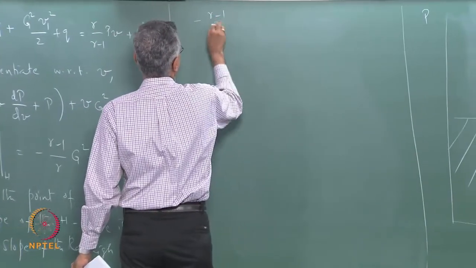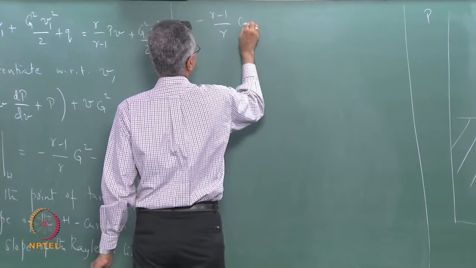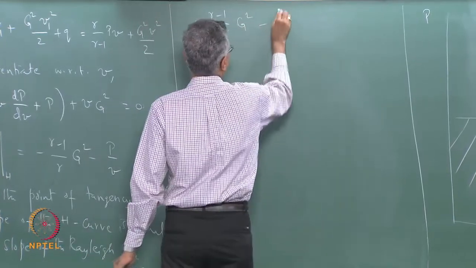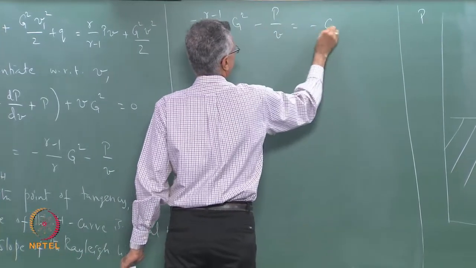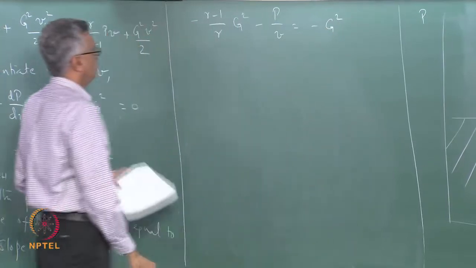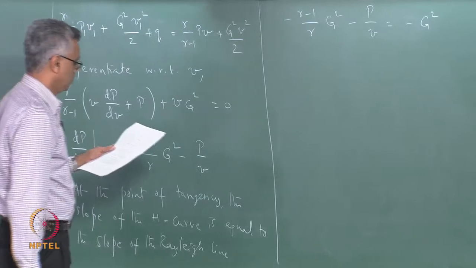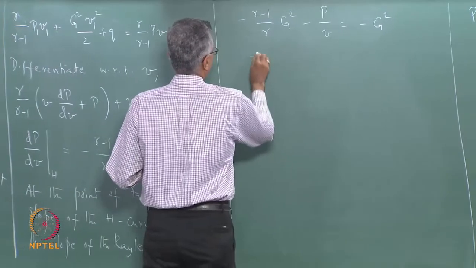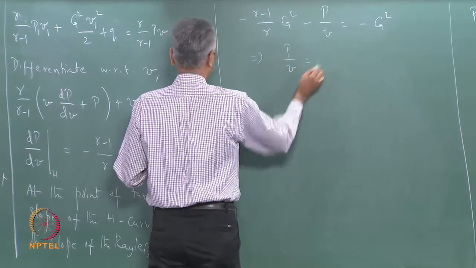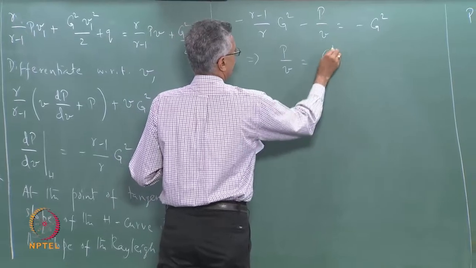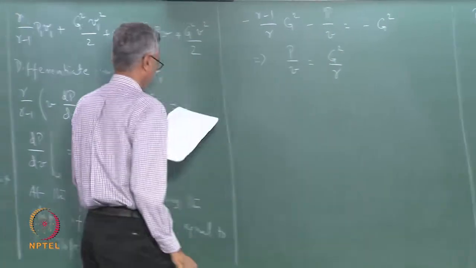So, minus gamma minus 1 over gamma times G square minus P over V is equal to minus G square at the point of tangency. Simplifying this, we get P over V is equal to G square over gamma.